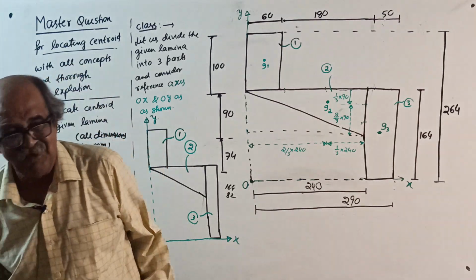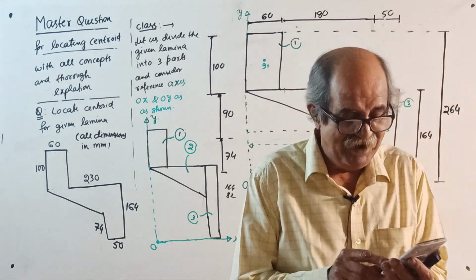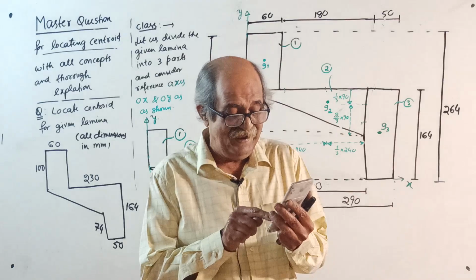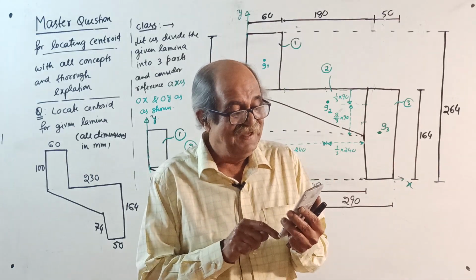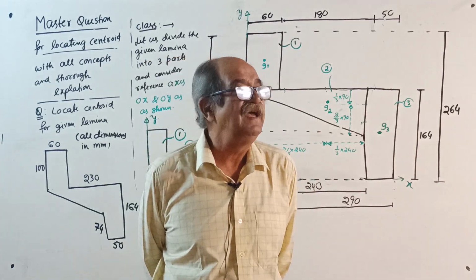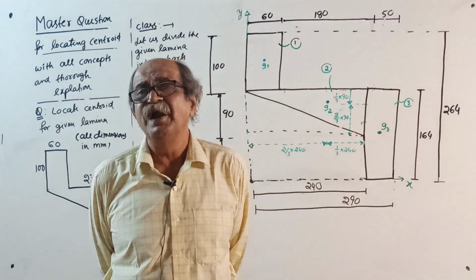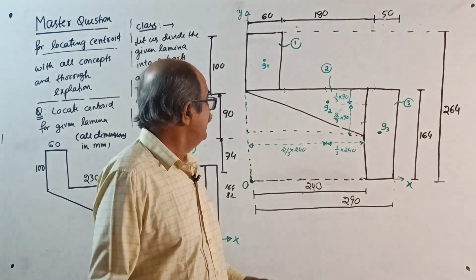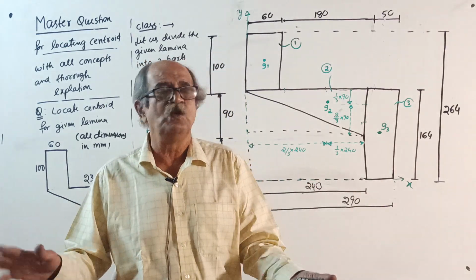Nowadays there is too much dependence on the calculator. 20 by 6 is 6.666667. The other will come 13.3333, double. Then some approximation will come. That will come from the next class onwards.